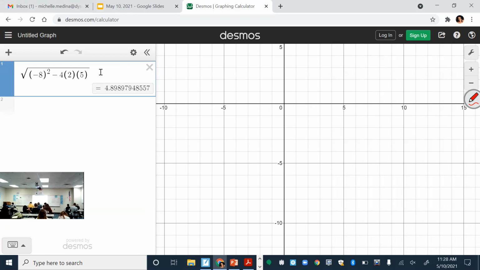All right, so when you entered it, what did you notice? Did it look weird? It should have looked like this. So here's what you're supposed to do when you run into this situation.